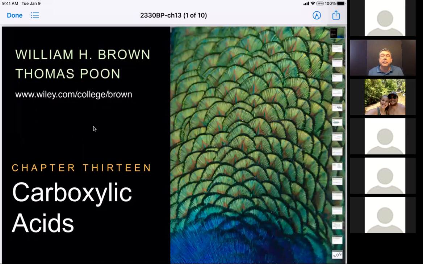And all the carboxylic acid derivatives here are things that are bonded to electronegative atoms. For example, some of the derivatives have halogens on them, some have nitrogens on them, and some of them have oxygens on them. So the entire class is basically a carbonyl with an electronegative atom other than carbon or hydrogen attached to it.